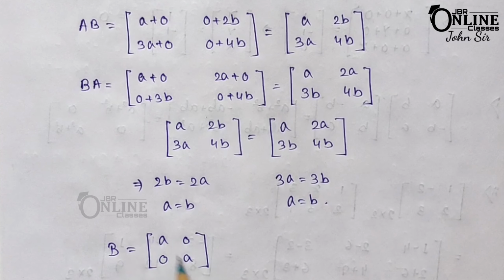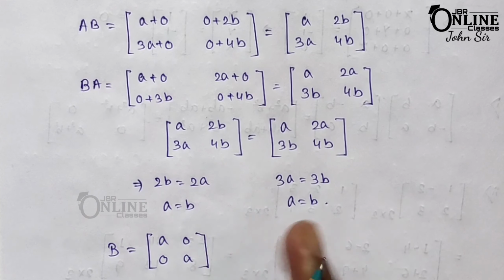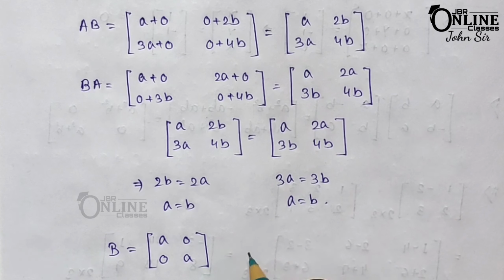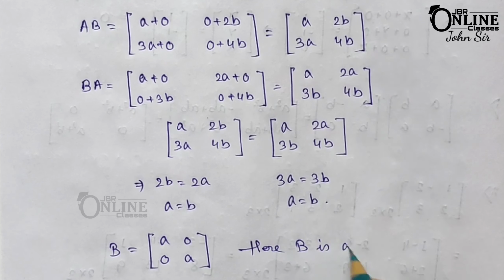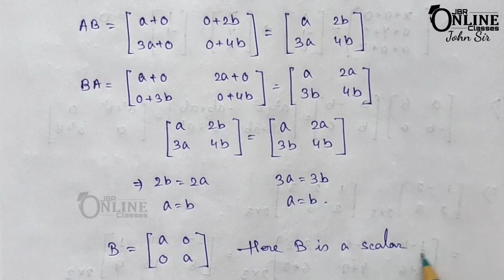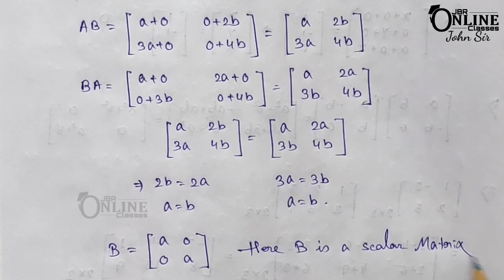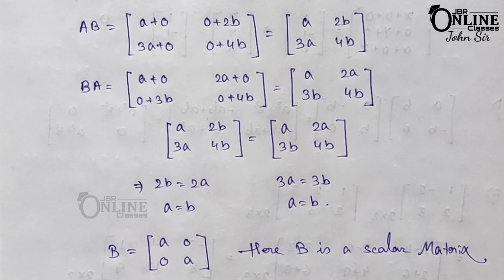Why? Because the diagonal elements are equal, there will be A, there will be A, so equal elements, and the non-diagonal elements are 0. So you can write down here B is a scalar matrix and it's proved.